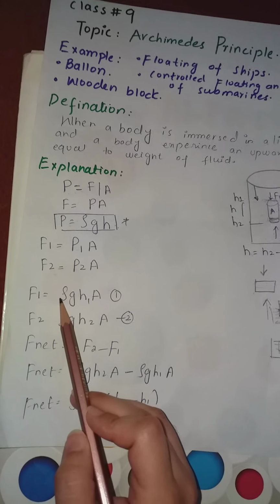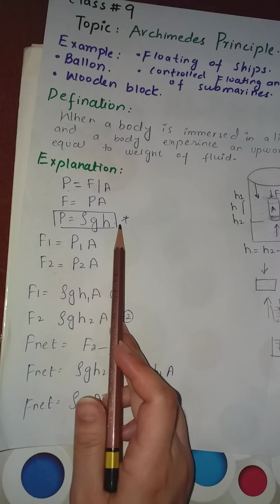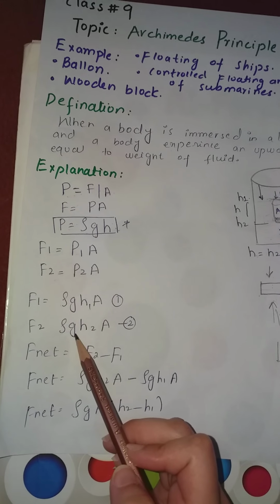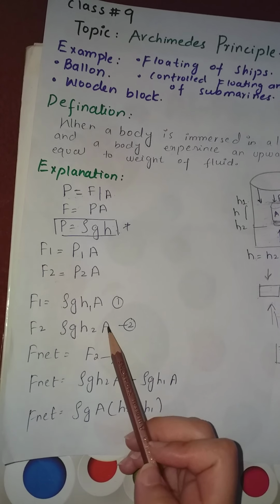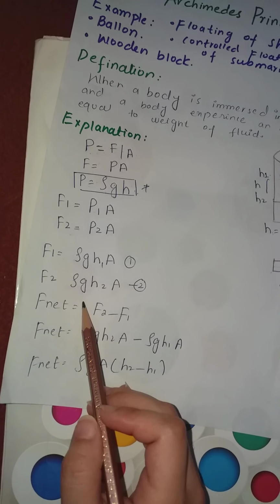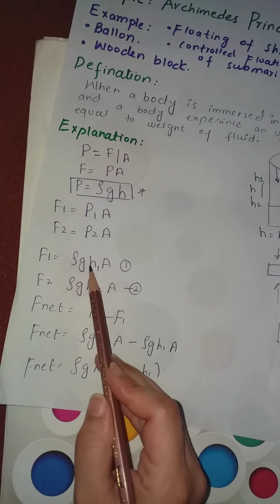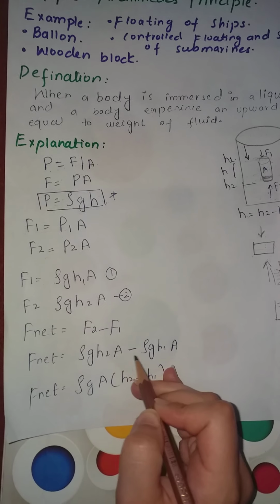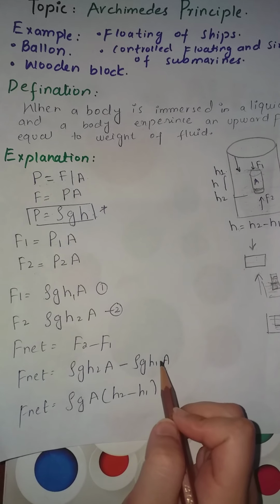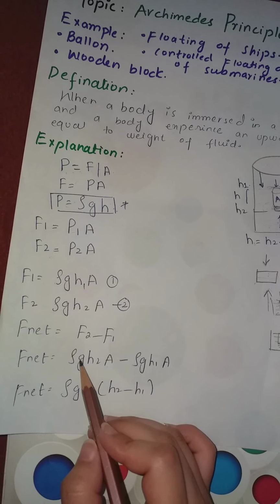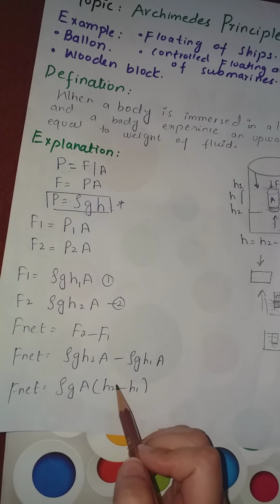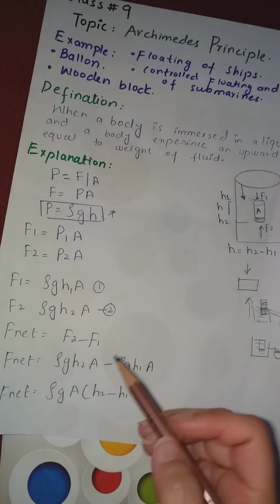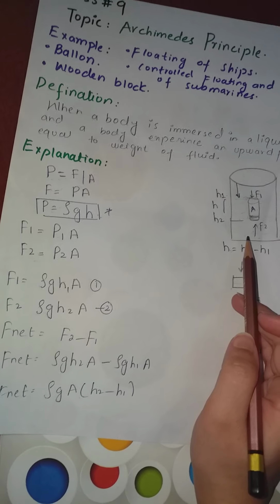As we know that P is equal to rho G H. Put this value of P into equation 1 with A, and put the same equation of P with H2 height with area. Now what we can see, the total F net force is equal to F2 minus F1. Now by calculating we can see that rho G H2 into A minus rho G H1 into A is known as, now what we can see, rho G is the same, H2 minus H1 into A. This is the total F net force, ठीक है। This is the force that we have gained due to this experiment.